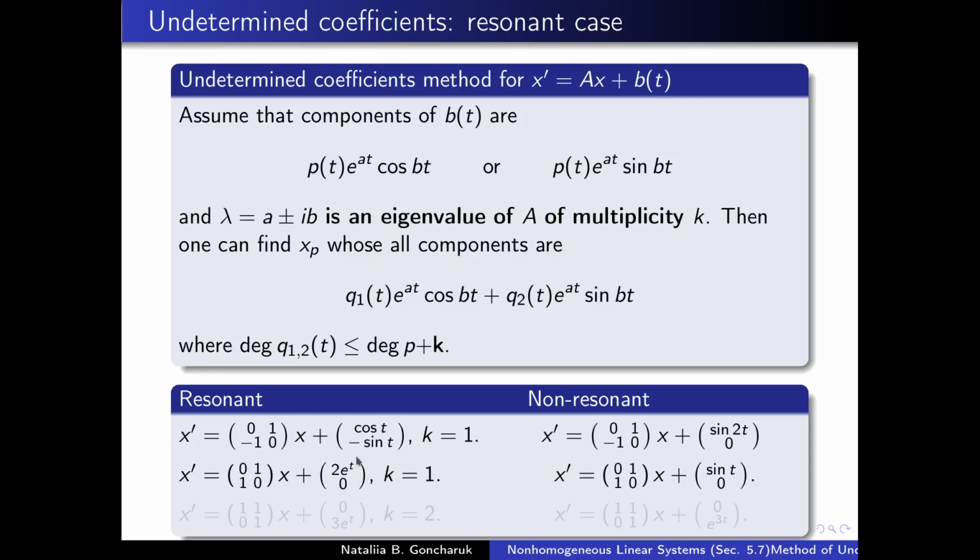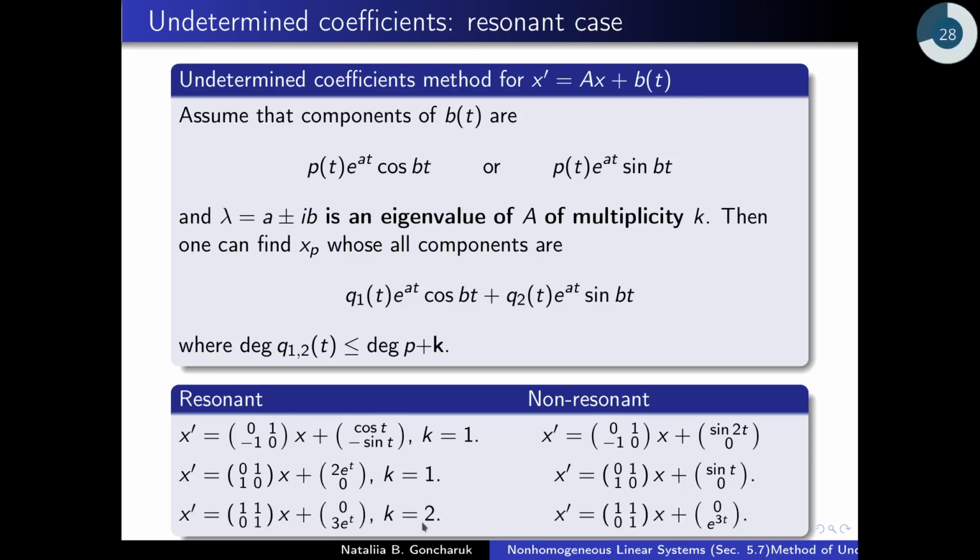Now if I replace B by anything else, like say sine, then the number lambda related to this B becomes plus or minus i from this formula. Plus or minus i is not an eigenvalue of this matrix, so this is a non-resonant case.